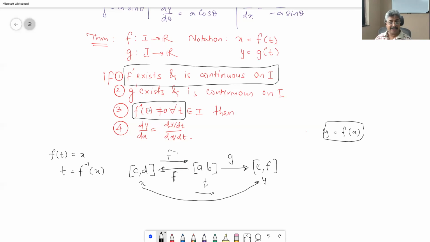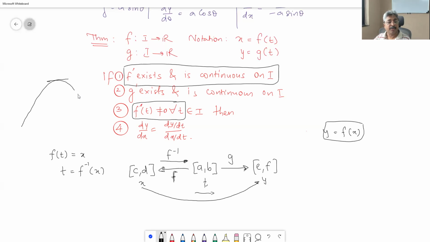Now f dash exists and is continuous, and f dash of t never becomes 0. Suppose the function is like this, then f dash exists, it is continuous and it is increasing, but then at this point it becomes 0 and then it becomes a negative slope.